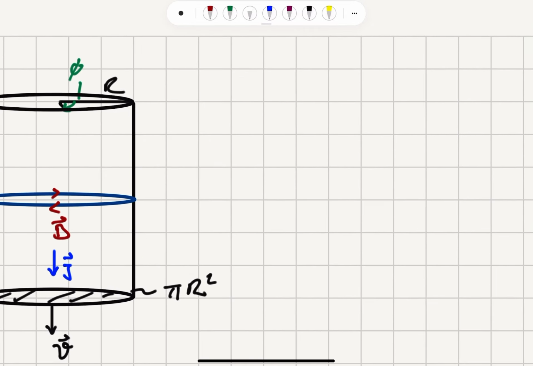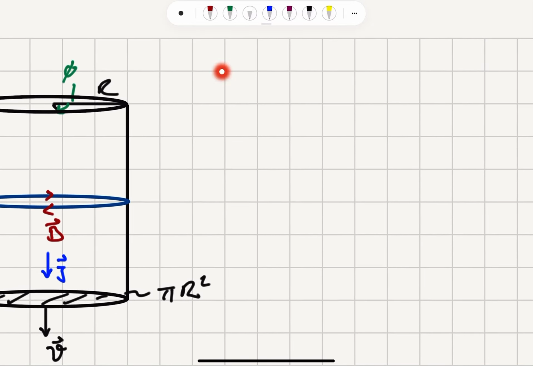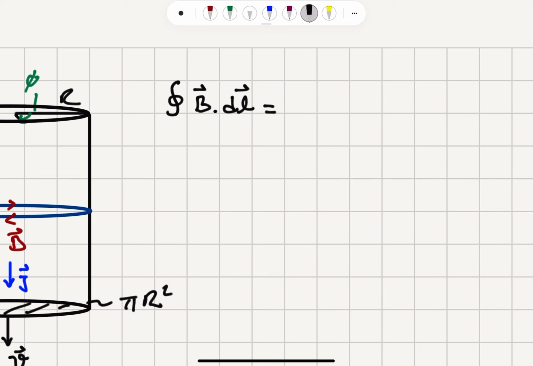Now, if I write Ampere's law, closed path integral B dot dl, this is equal to, for the surface, I have magnetic field, a constant on the surface, multiplied with 2 pi r, because dl and magnetic field are in the same direction.